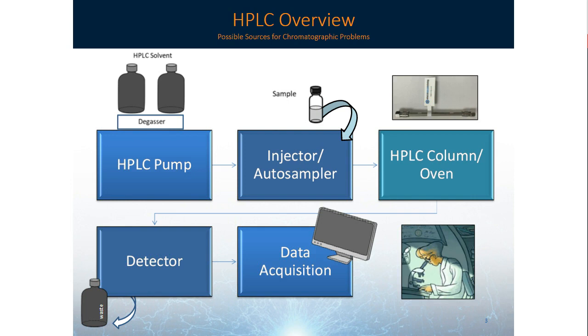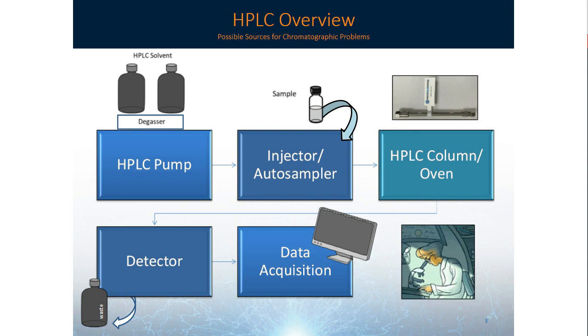This is going to help give you some reproducible retention times. And then don't forget about the column itself. So columns are consumables over time. They will need to be replaced, and things such as the frit plugging up or maybe a void in the column bed can give you some really odd peak shapes that you'll have to eventually troubleshoot.